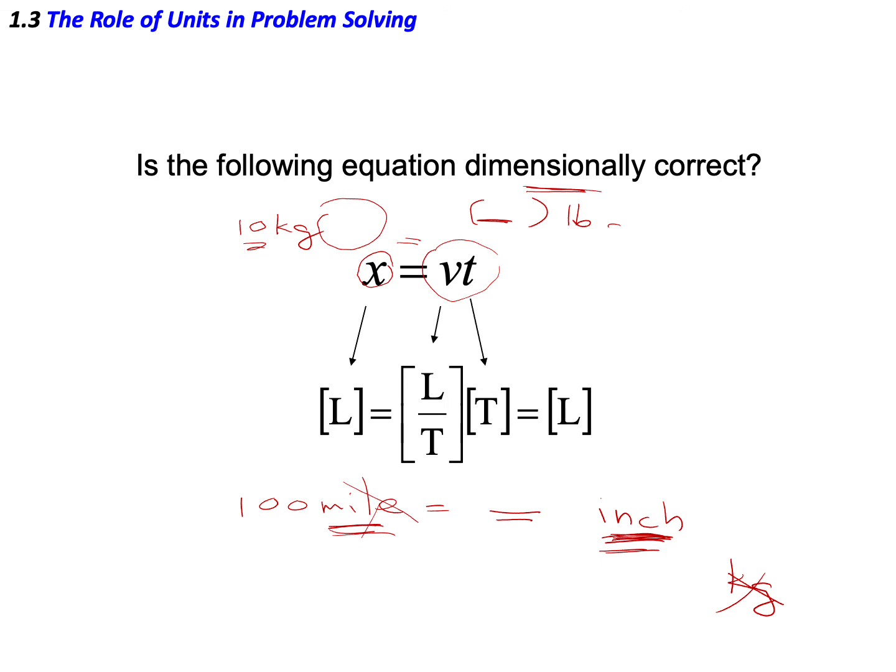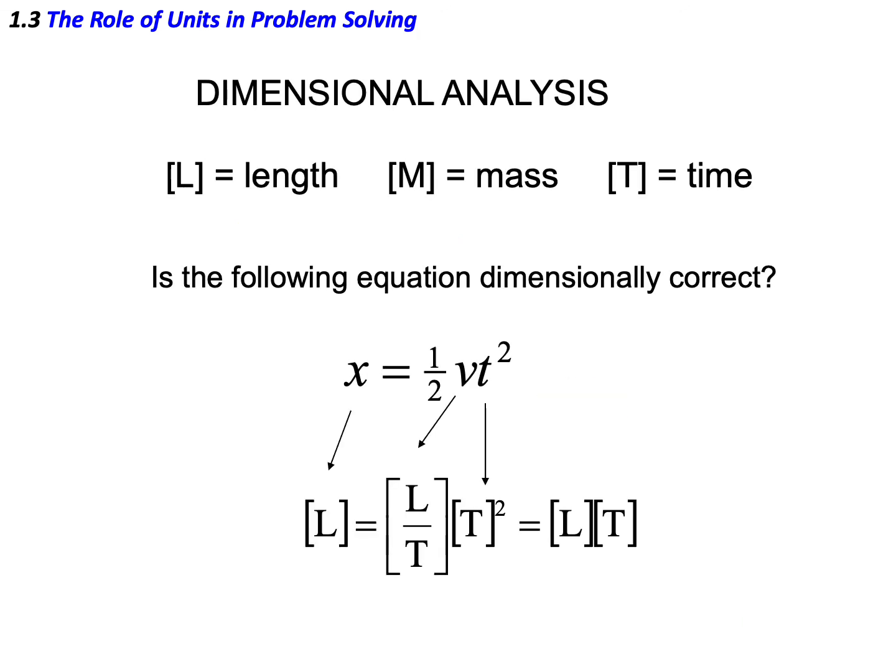So the dimension of distance is L, which is equal to the dimensions of velocity, which is displacement over time, unit of distance or displacement, and dimensions of time, which is uppercase T, multiplied by T. So you can cancel T to T and you have L is L. So the dimensions of the left side are equal to the dimensions of the right side. So length we use L, mass we use uppercase M, time we use uppercase T.